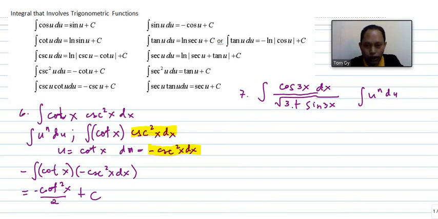So we write 3 plus sine of 3x, and we raise up our denominator, so negative 1/2, and then cosine of 3x dx.